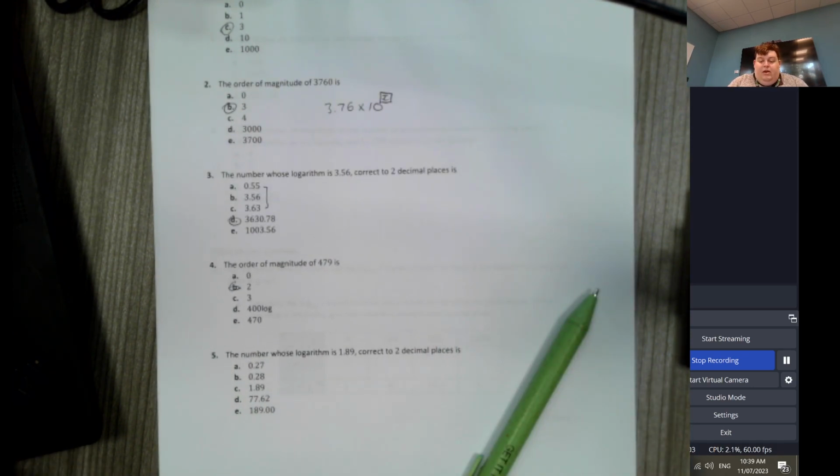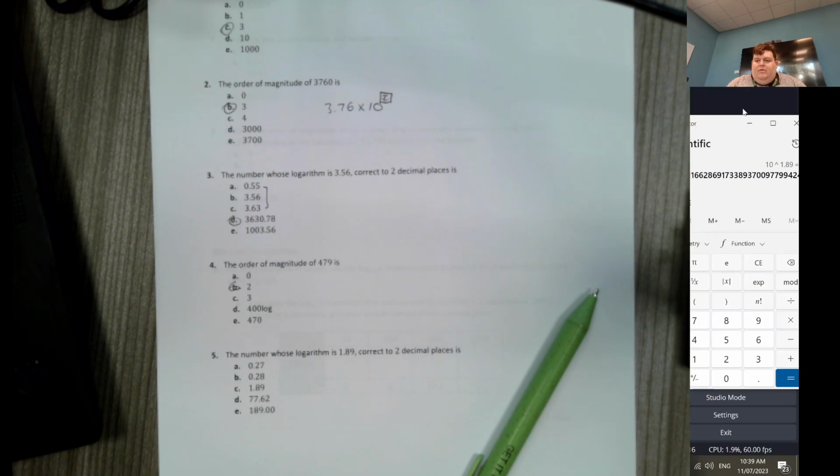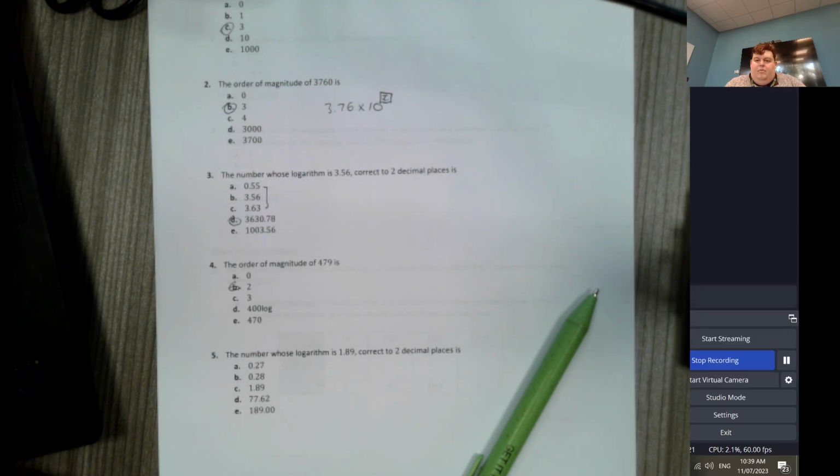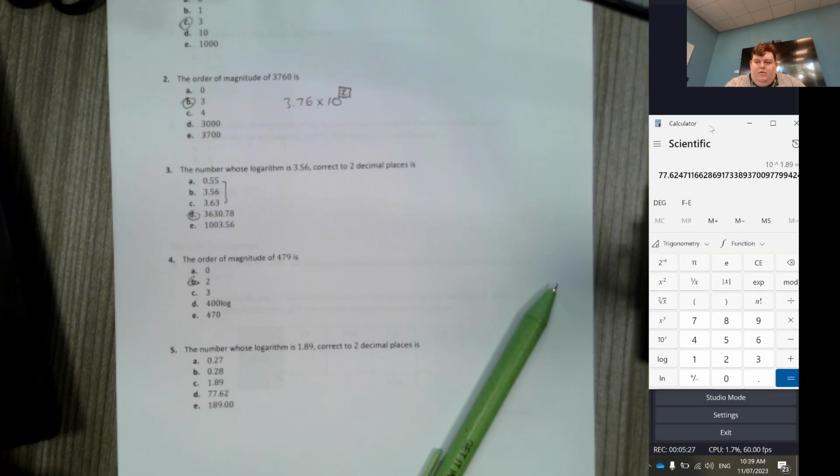Okay, we're going to do that again. 10 to the power of 1.89. I know that I'm not really showing it, but it's not particularly exciting. 10 to the power of 1.89. I can probably just budge this over a smidge, and you can see the calculator fine there.